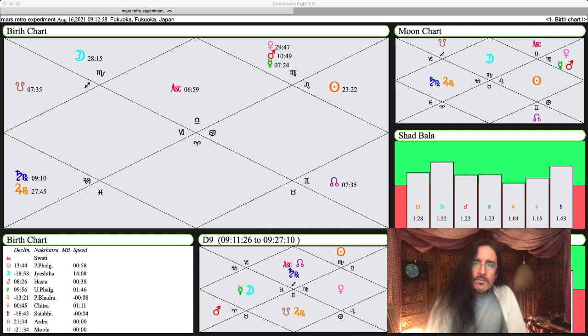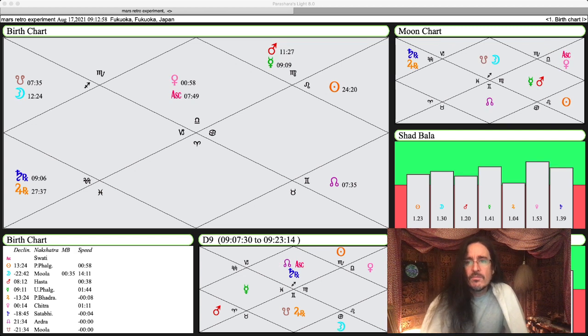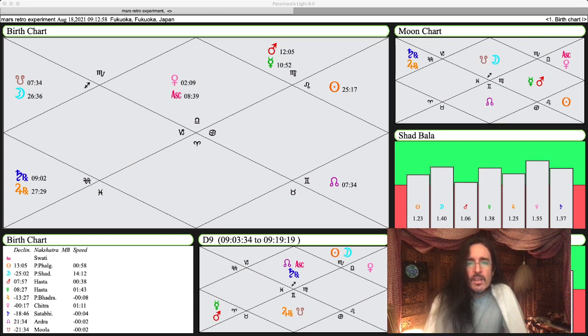That's 18. 23, 7. So that's still 18. 25 is 5, and Mars is 12. That's 17. So we're looking at August 18th, 2021, when Mars will disappear into the sun once again.